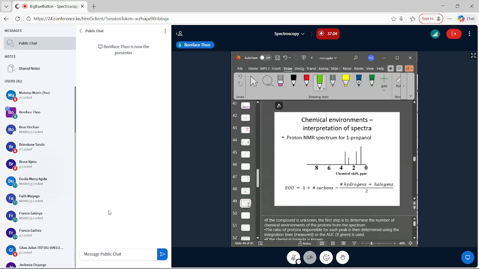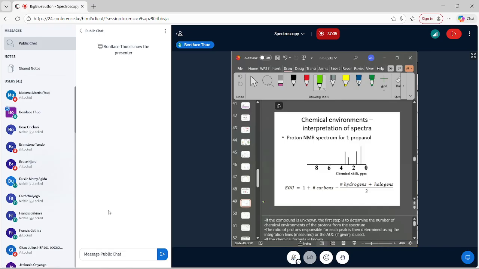And this is simply by using this equation, where you could use the number of carbons and the number of hydrogens or halogens that are present to determine the elements of unsaturation. And what you'd find is that in case you have 4 elements of unsaturation, then that is more indicative of a benzene ring.